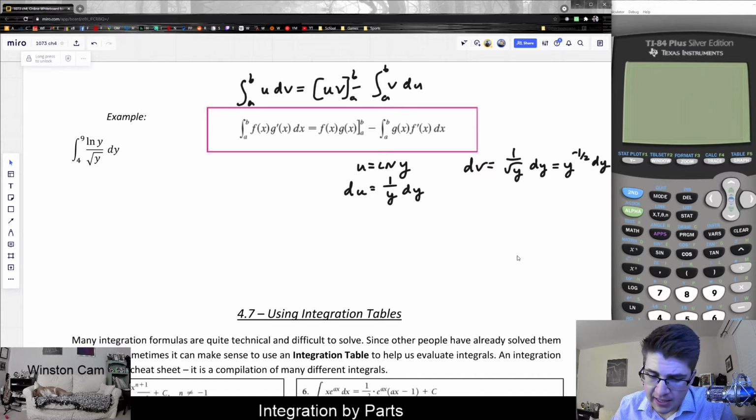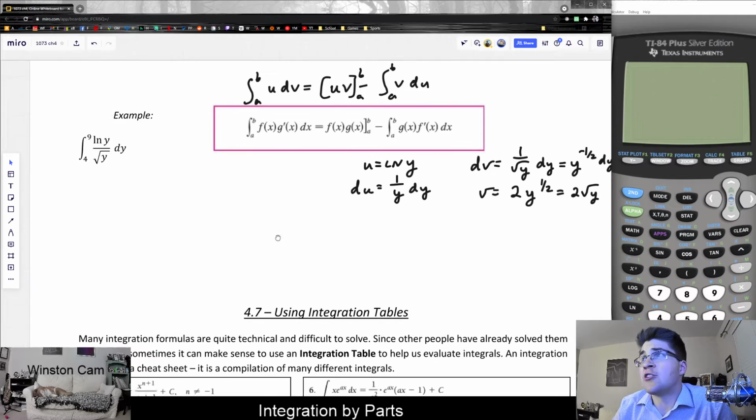And if dv is y to the minus 1/2 power, I will need to use the power rule. So adding 1 to negative 1/2 gives positive 1/2, and dropping the reciprocal gives 2. So v is 2 times the square root of y, depending on how I want to write that. And now I should be set to use the integration by parts formula.